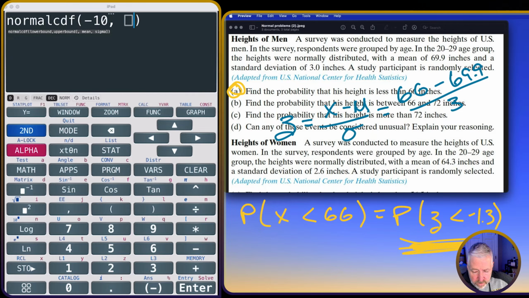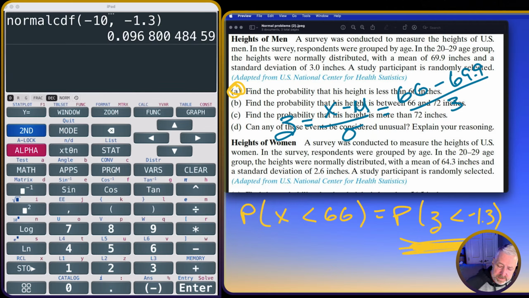It's easy to remember. Takes it out far enough where there's no discrepancy with the decimals, and then we're going negative 1.3. It's going to be less than 50 for sure, and it is 0.096, 0.097, let's just go with. So it equals 0.097.